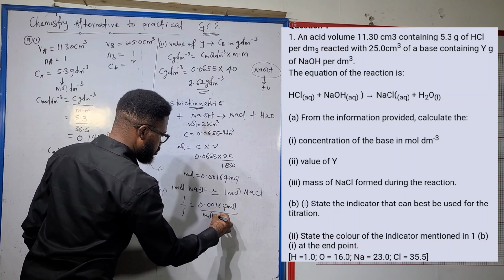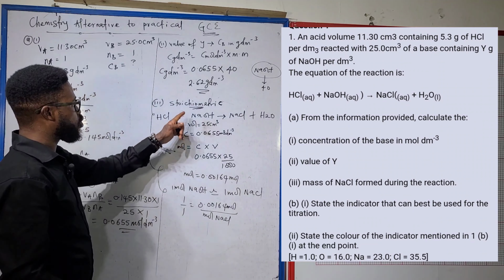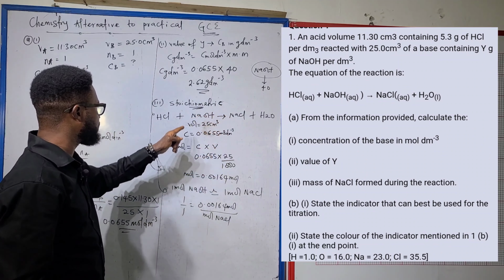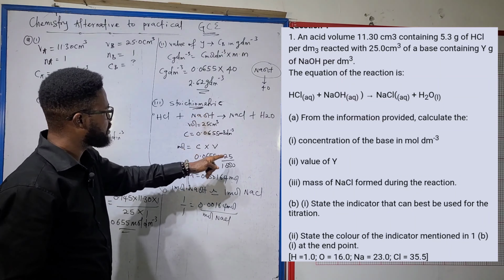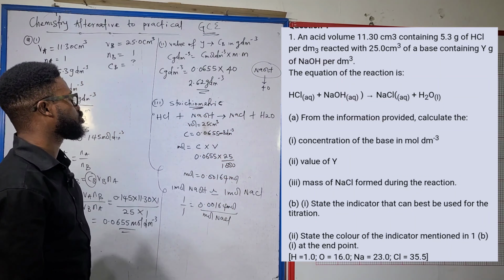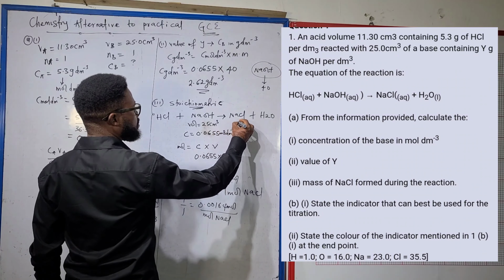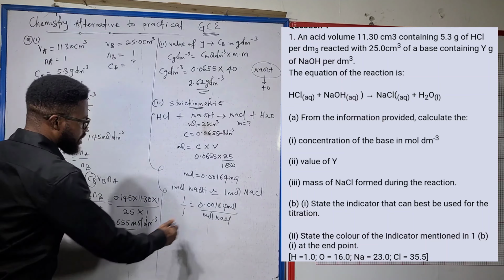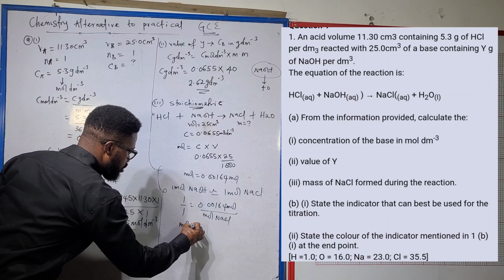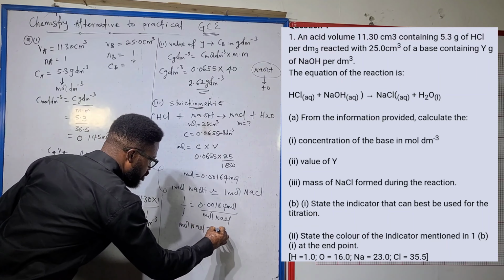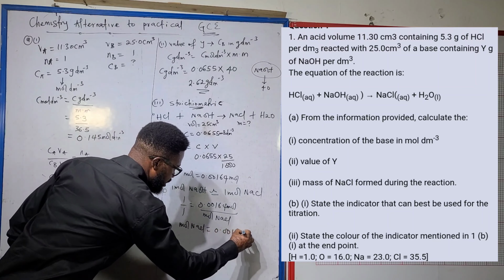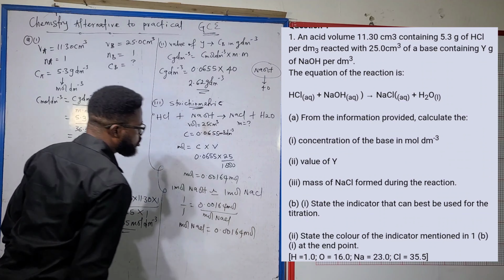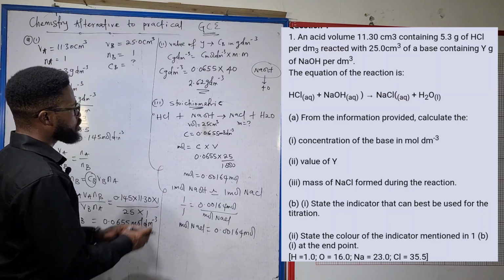Mole of sodium chloride, 1 to 1. Recall that we are looking for the mass of the sodium chloride, so the mole of the sodium chloride is going to be 0.00164 mole.